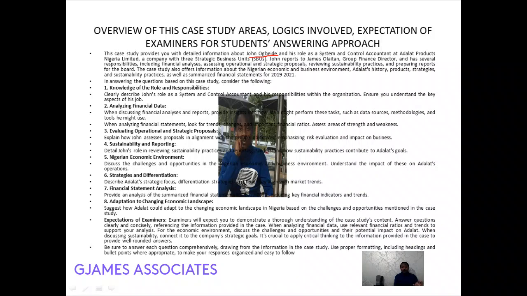Okay, so the organization is a group company. It's a group company, and John has a group finance director as his boss and several board members. John has responsibilities.